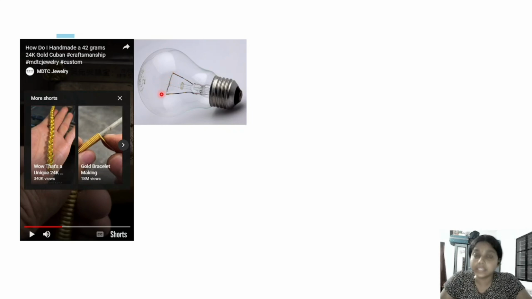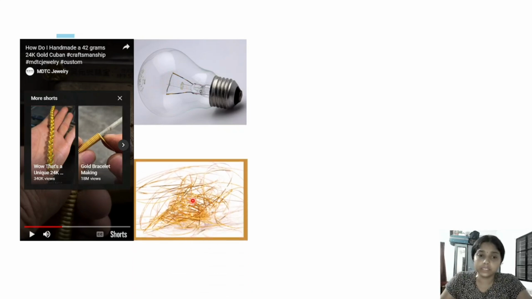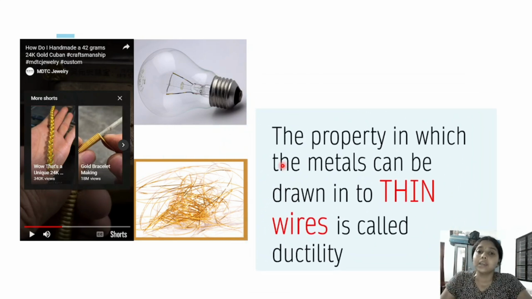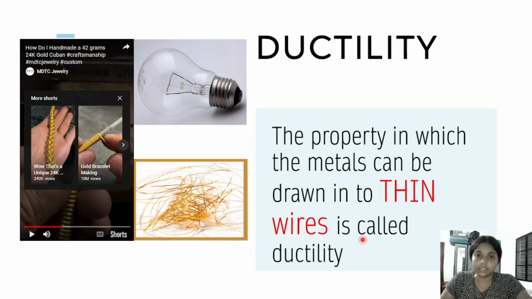Yes, it is tungsten wire and it is coiled. This is a gold wire which is drawn into thin wires. So the metal has what property? The metal can be drawn into thin wires, and this property is called ductility.